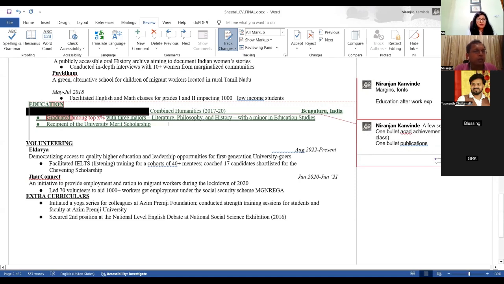Now, in your case, if you were leading some literature club or any public education related club, or you led something under the National Social Service, any of those initiatives you would put here, what you did during your college days, and not in the extracurricular section at the bottom.